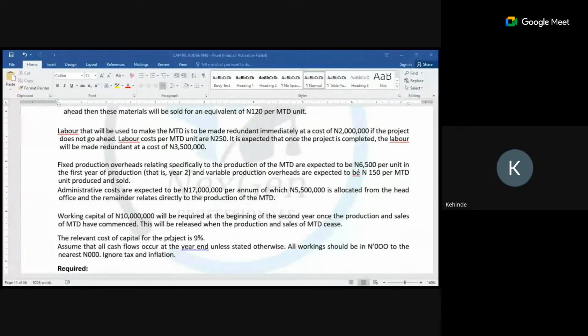And so it's not relevant because if the project is not undertaken, then they have to pay 2 million naira. But if the project goes ahead, we can avoid that. But we are going to incur the labor cost of 250 naira per unit of the MTD produced. So that's just my view. Okay, that's fine. Ola?